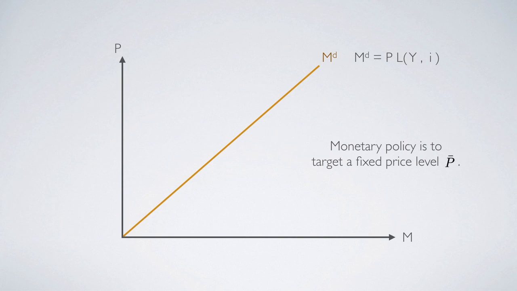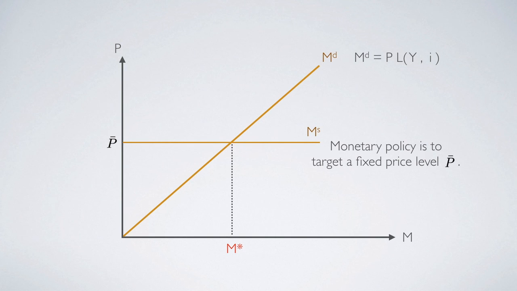In this case, the money supply curve is a horizontal line stretching from the level P bar all the way to the right. And remember, the equilibrium condition of money requires these two lines to intersect, which means that this monetary policy, which fixes the price level so the price is very stable, will require the equilibrium amount of money to be M star.